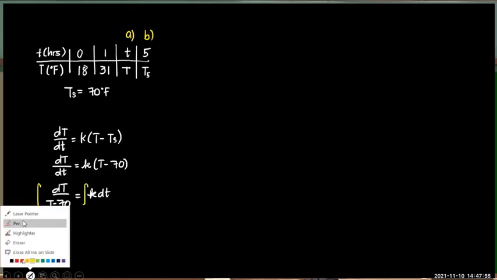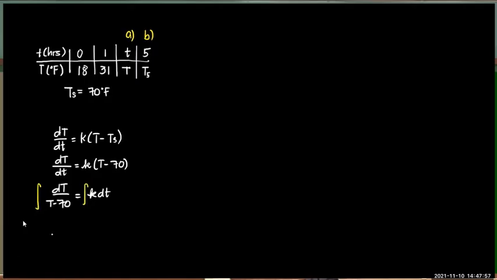And then we can integrate them. When you integrate, what happens to the left? This is ln of T minus 70. This is KT plus C, am I correct?